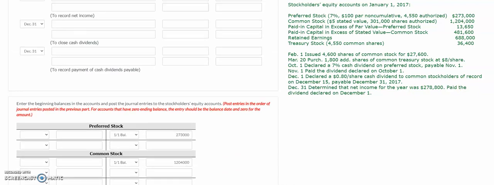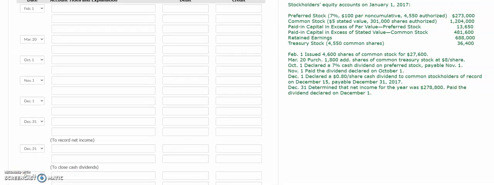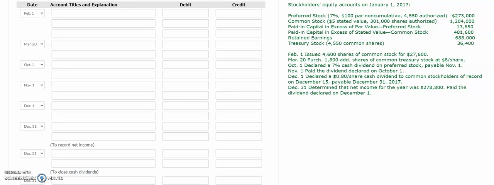So now we're going to start off by recording the journal entries for each of these transactions. On February 1st, the company issued 4,600 shares of common stock for $27,600. So when the company issues the stock, we're going to debit cash for the amount of $27,600.